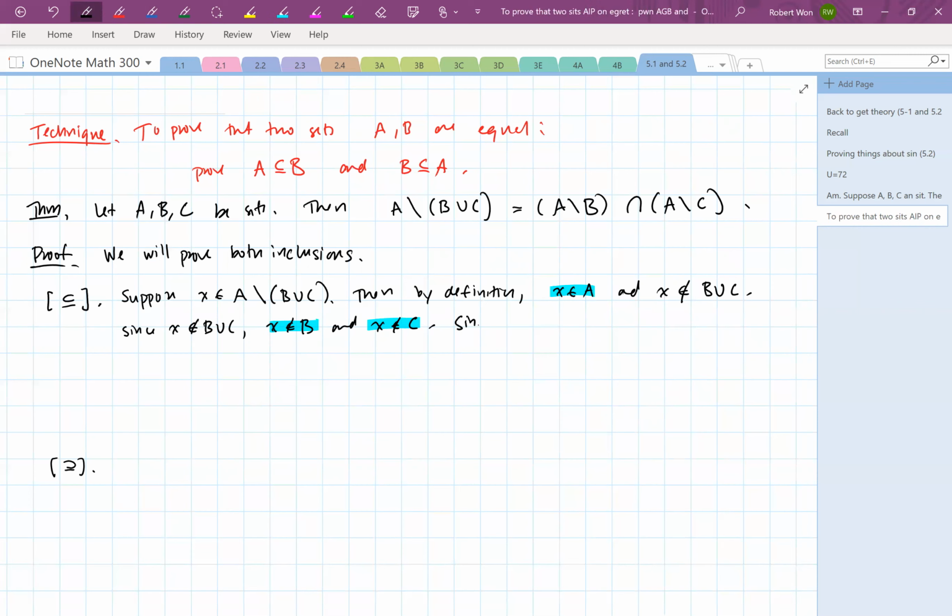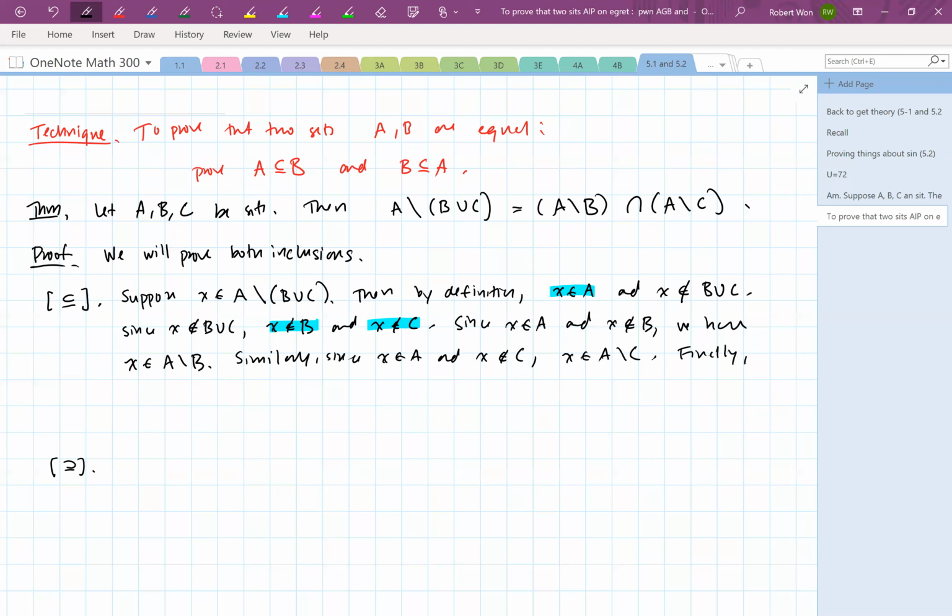Okay. Now, since X is in A and X is not in B, we have that X is in A minus B. Similarly, since X is in A and X is not in C, X is in A minus C. Finally, since X is in A minus B and X is in A minus C, by definition, it's in the intersection.